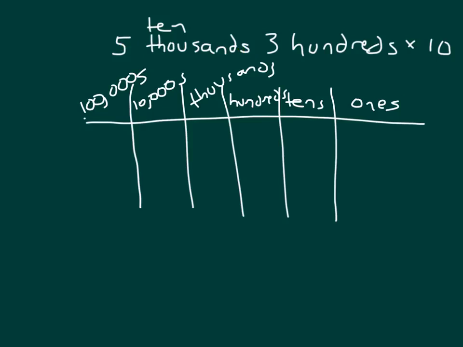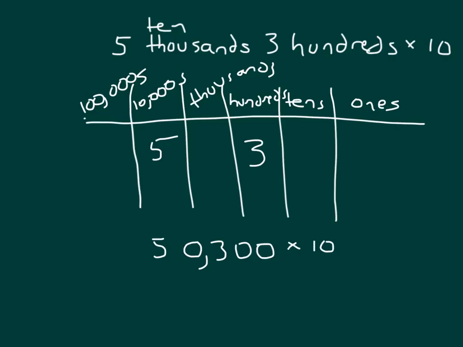So we'll place the 5 digit in the 10,000s place. But we also have 3 100s, which we will write right there. That number in standard form is 5, 0, 3, 0, 0, and the comma goes right there, so that is 50,300 that we're still multiplying by 10.